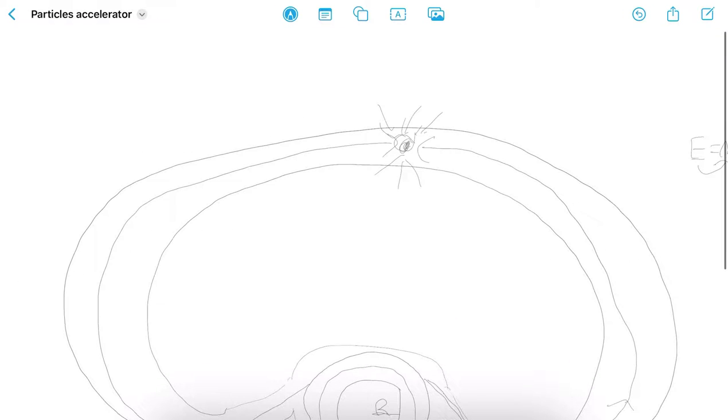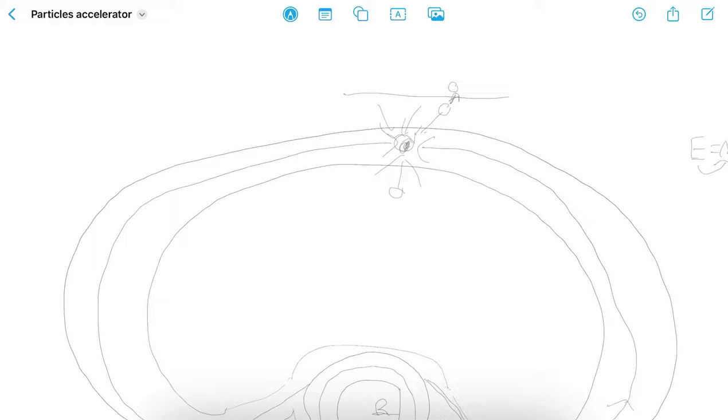That means there could be some new particles forming, and we may be able to discover those particles if we have detectors that detect a particle when that particle hits the detector.